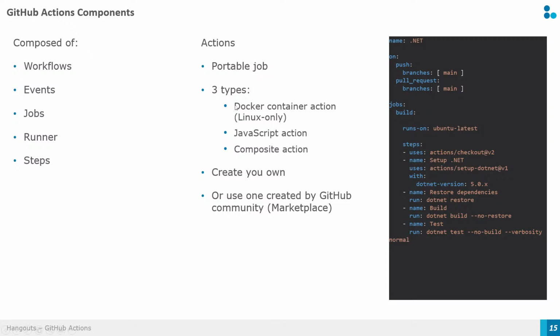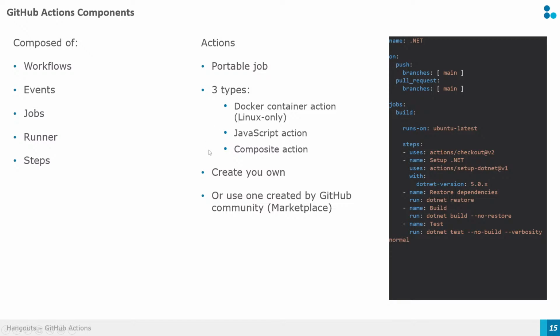So the JavaScript is much faster, but the container one is for when you need a different environment. For example, you need to run a Python script, and you have a lot of package dependencies, you can just install those dependencies in your Dockerfile while building the container. So in your script, you don't have to have a bunch of steps installing those dependencies.